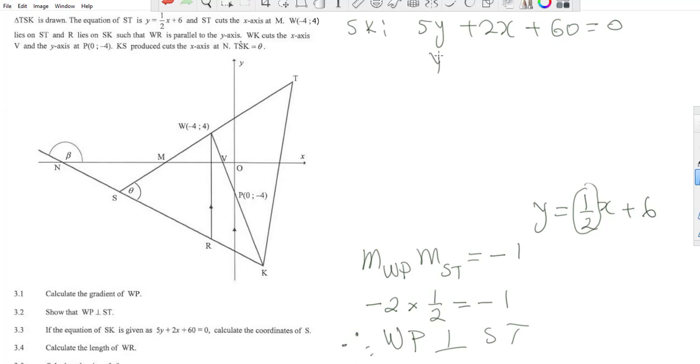We'll have 5y equals minus 2x when we transpose this. Then you transpose the 60, it will change to minus 60, and divide by 5, and it will be minus 12.